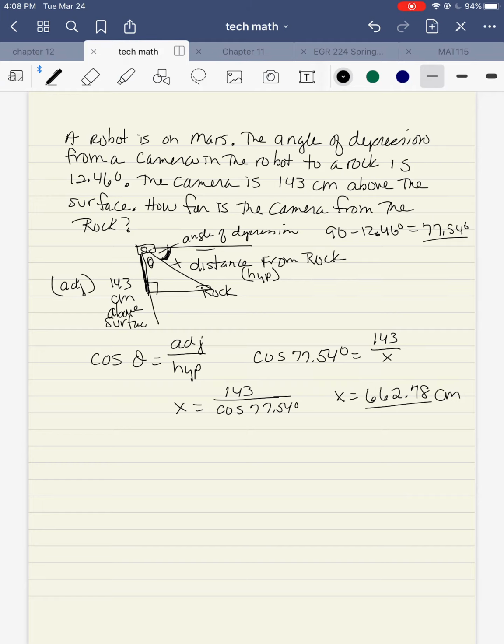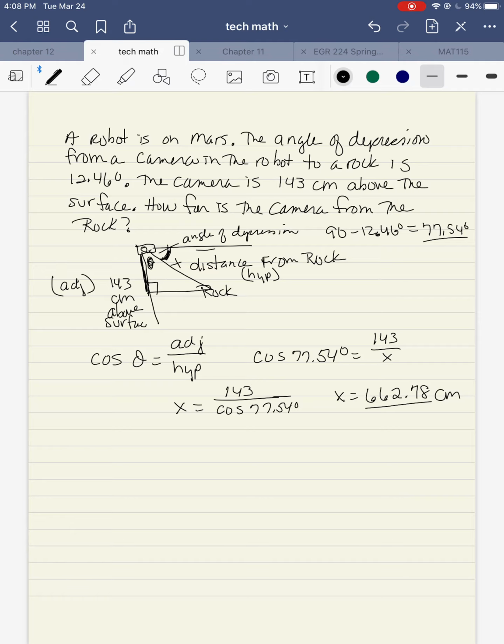So what I need to do is label my sides. According to this angle here, I have my adjacent side and my hypotenuse. So I'm going to use the cosine. Cosine is the trig function that deals with adjacent and hypotenuse. So the cosine of 77.54 degrees is equal to my adjacent side, which is 143, divided by the hypotenuse, with this x. So again, I'm looking for x that's in the denominator.